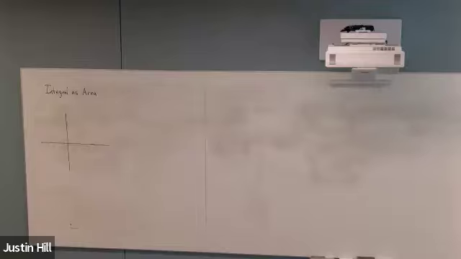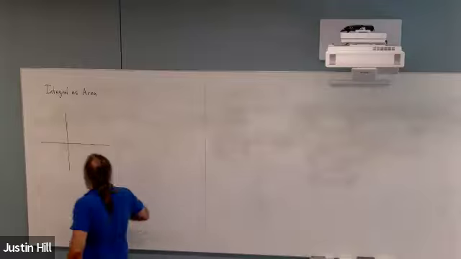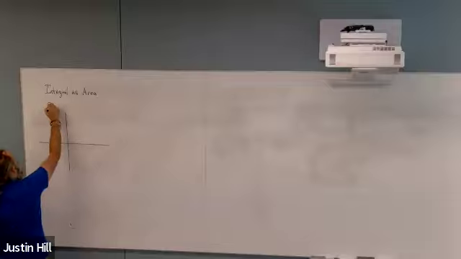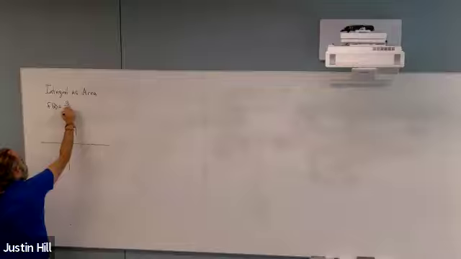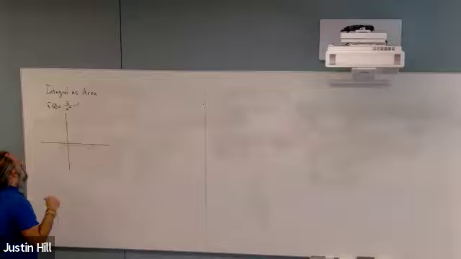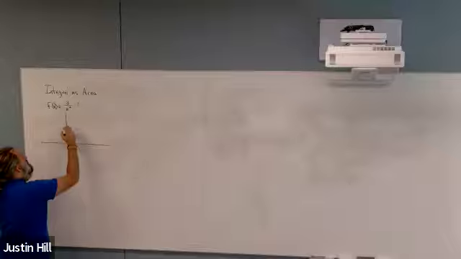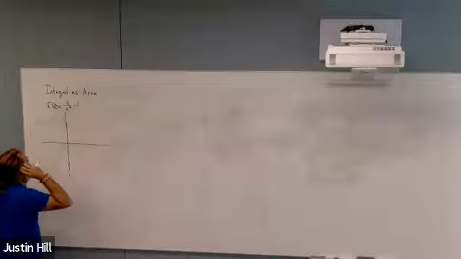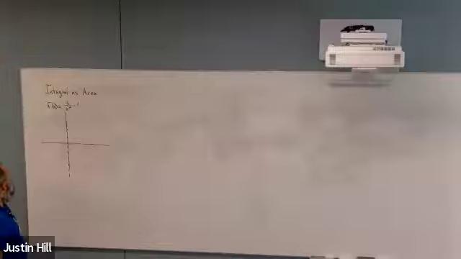There we go. Function 3 over x squared minus. Let me get a little bit of a graph going. Nice little vertical asymptote at 0.